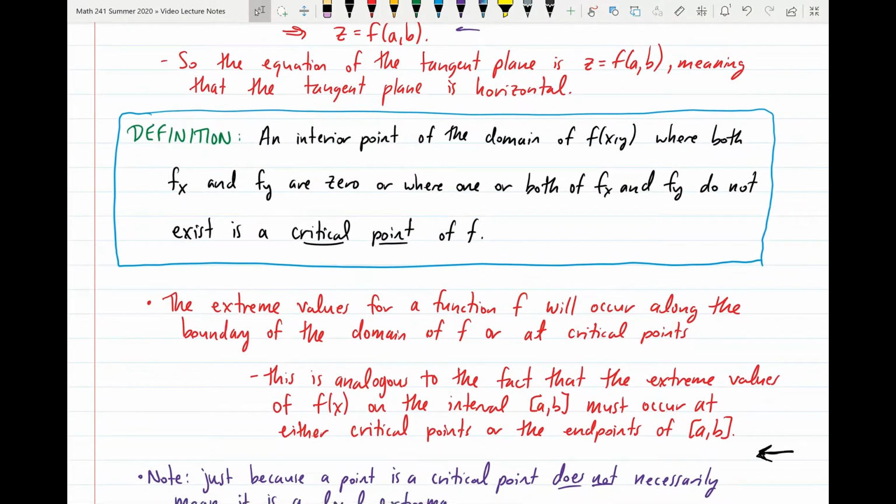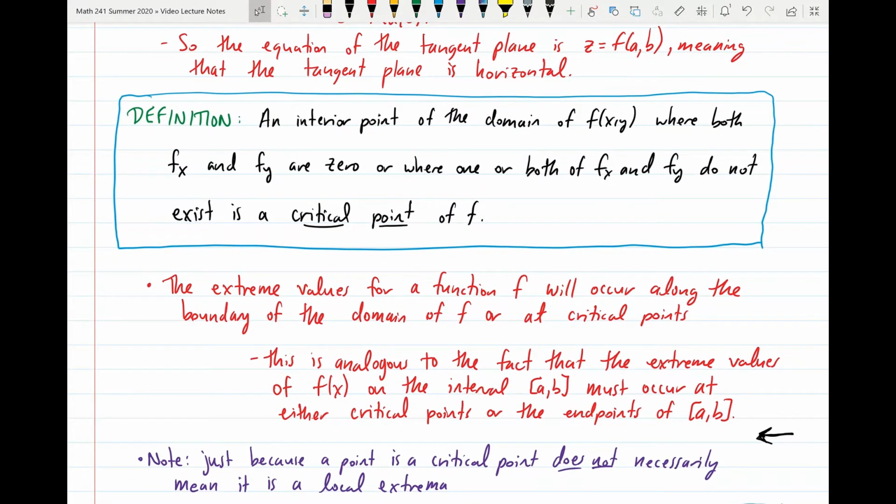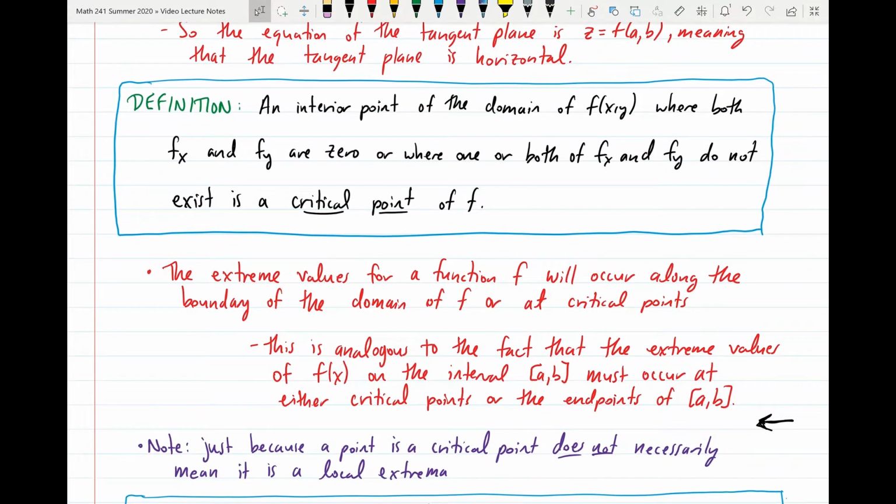So now let's move on to another definition. It should look pretty familiar. We're just generalizing from Calc 1 again. So if we have an interior point of the domain of f of x, y, where both f sub x and f sub y are 0, or where one or both of f sub x and f sub y do not exist, then we're going to call that interior point a critical point of f.